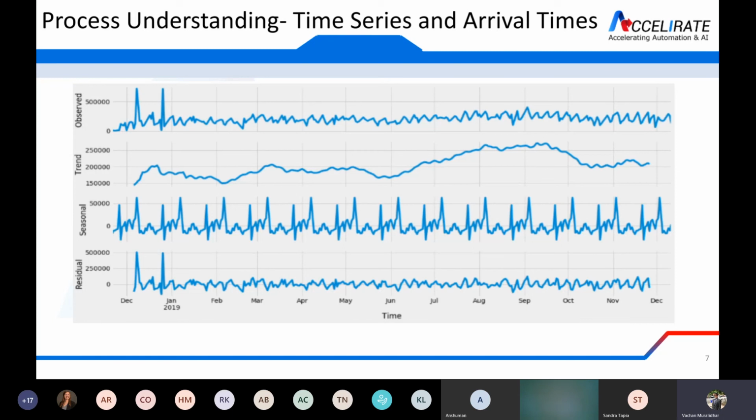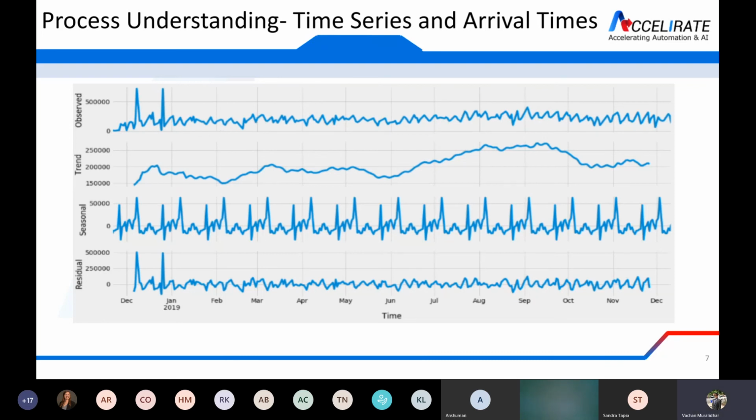For a certain process, there might be one or more bots based on the volume, and the time series is nothing but how much licensing time a particular process took for the execution. So this is the observed time series. The time series tells us how the total licensing time for a certain process varies on a daily basis. As you can see, there is a lot of variance in that licensing time on a daily basis.